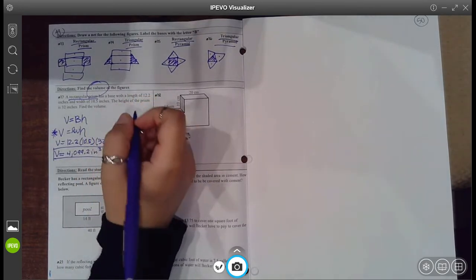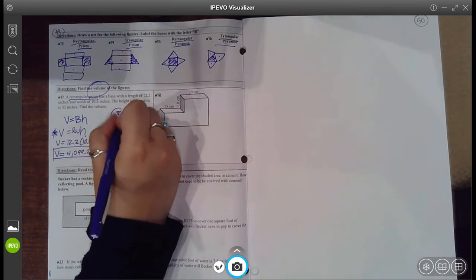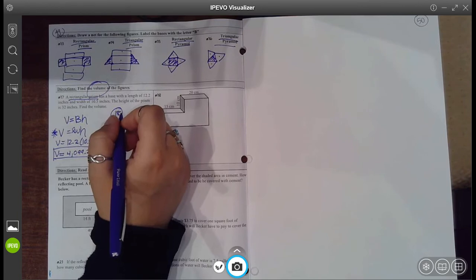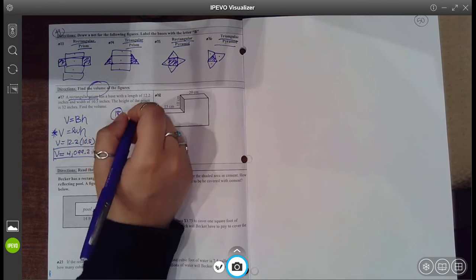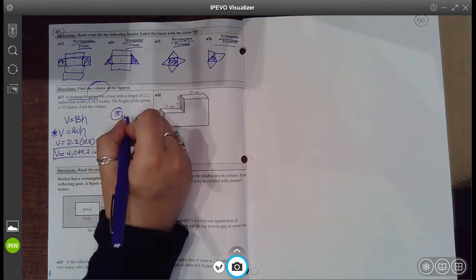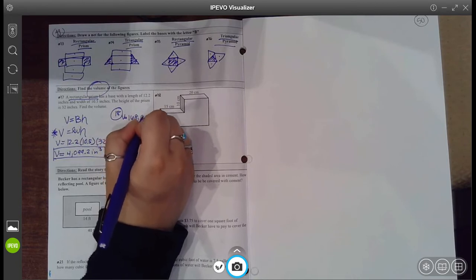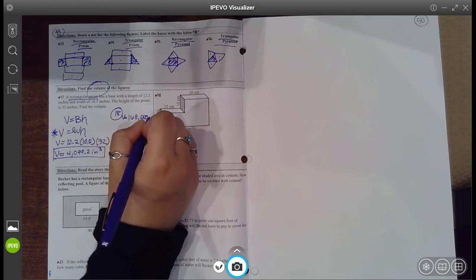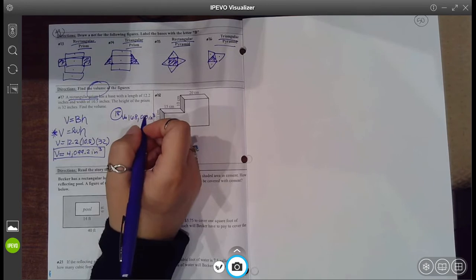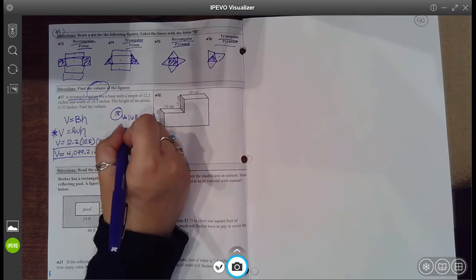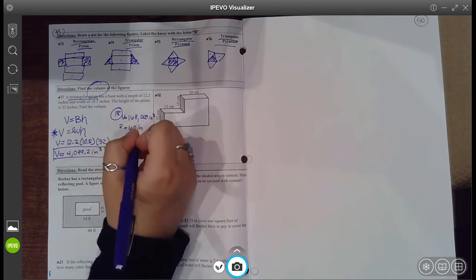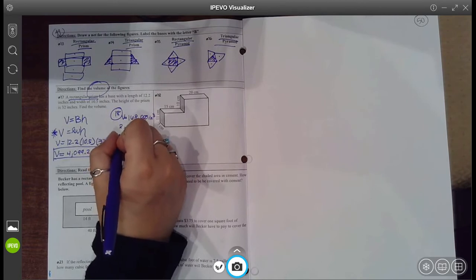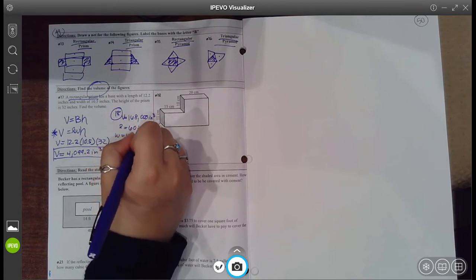Okay. Now, for number 18, let's add one in here. What if it said a rectangular prism has a volume of 168,000 cubic inches? And then they said the length is 60 inches and the width is 40 inches.